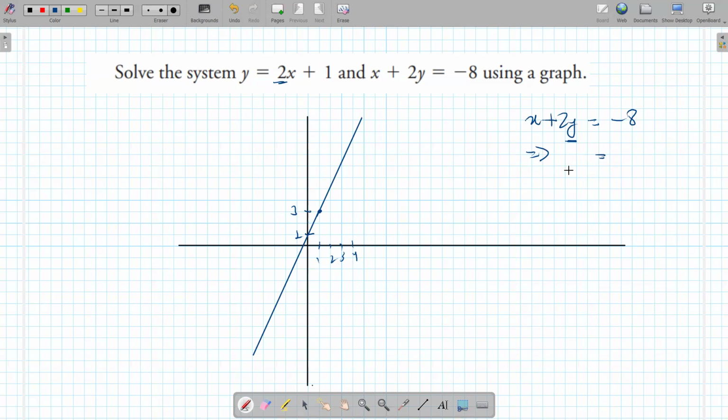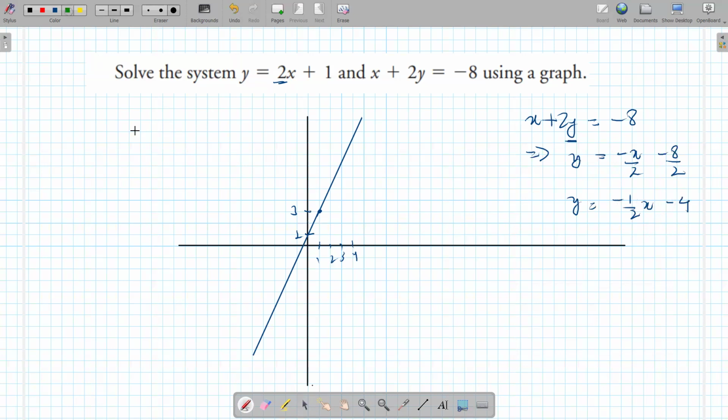How do we isolate for y? You subtract x, so it becomes -x minus 8, and then you divide by 2, right? So you get y equals -1/2 x minus 4.